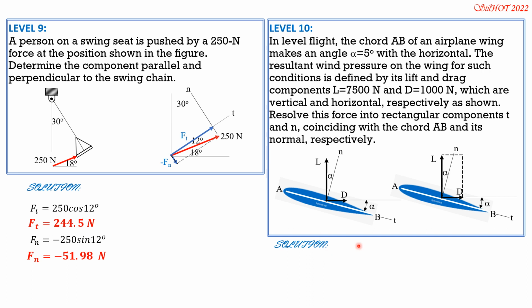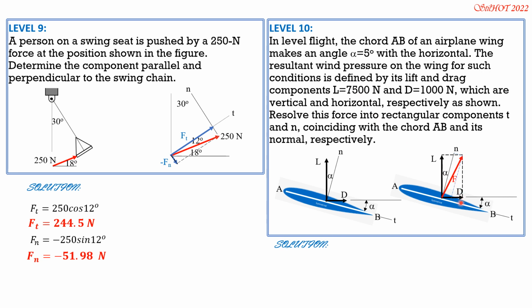So draw lines from their tips to form this rectangle. Then this is the resultant, let's call that F. Then the magnitude of F is square root of 1,000 squared, the drag force, plus the lift force squared, 7,500.